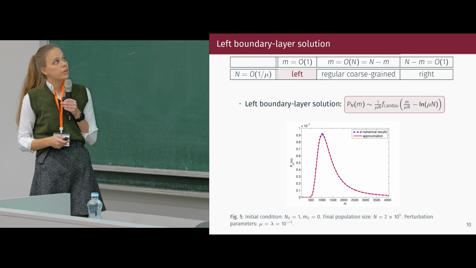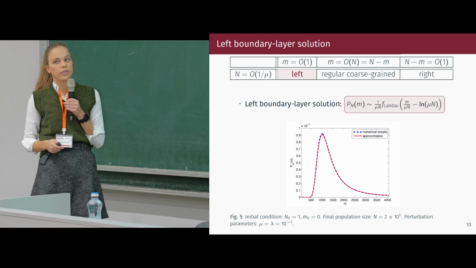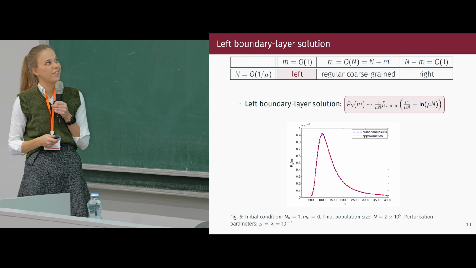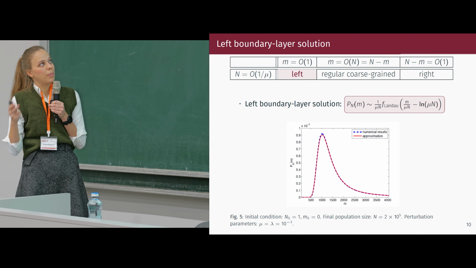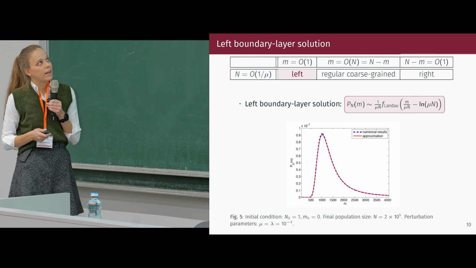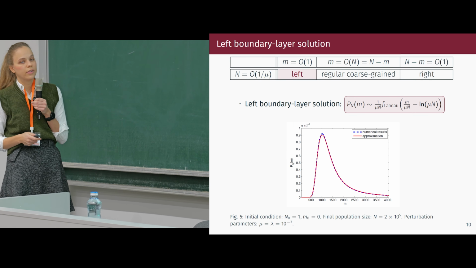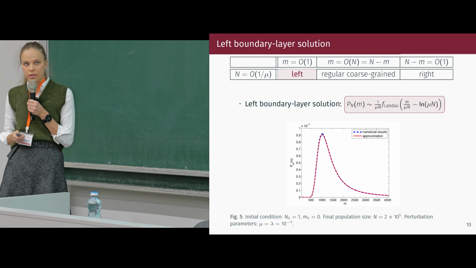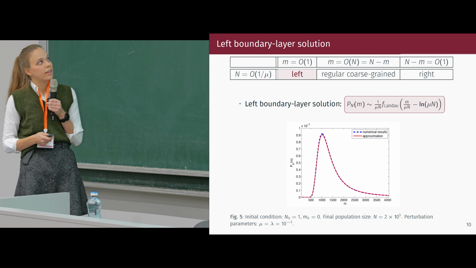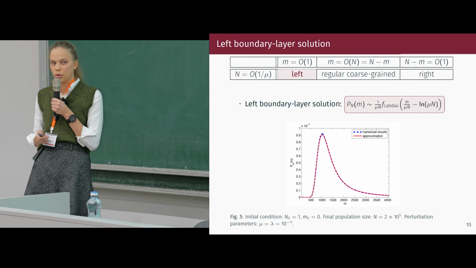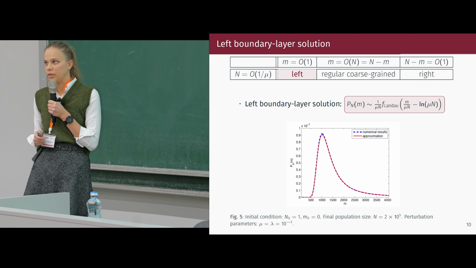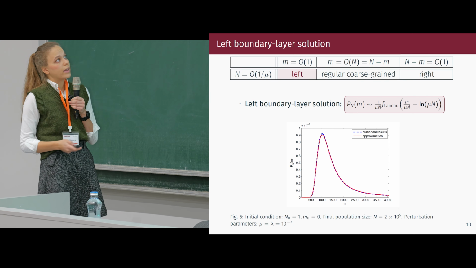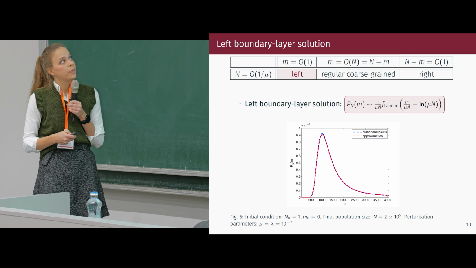On the left boundary, we derived by a generating function and then some matching analysis this approximation, where F Landau is the probability density function of the Landau distribution, which is one specific heavy-tailed stable distribution. Again, we can see that it matches very well.